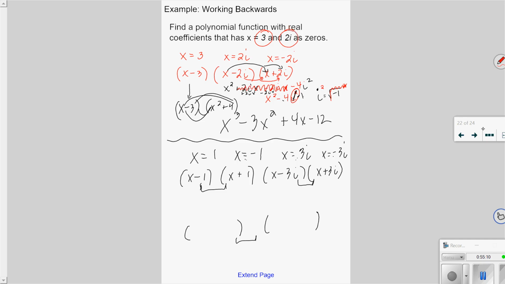In both of these intermediate steps, some stuff should cancel. Do you guys get that x squared minus 1 for the first two? First two should be x squared minus 1.